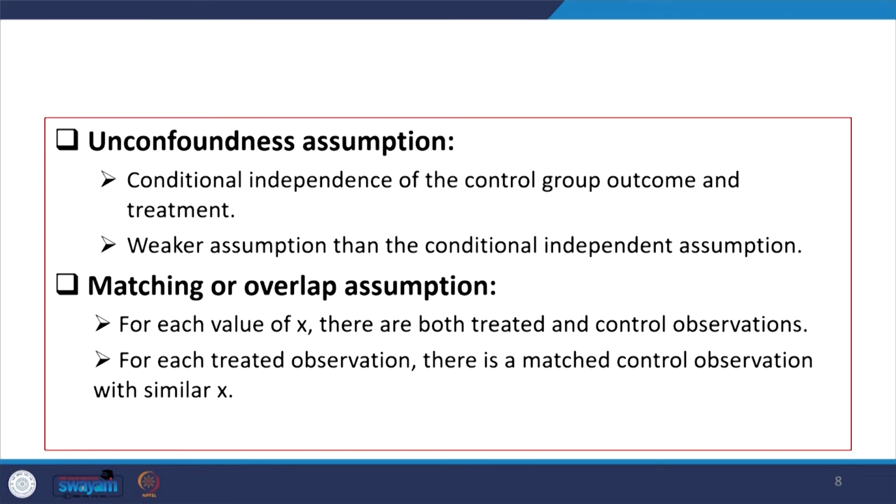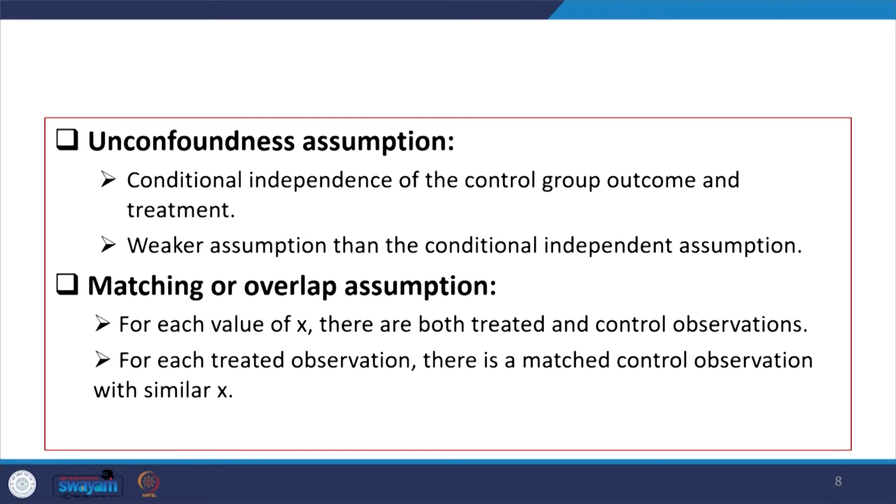Control groups are also sometimes referred to as confounded groups. So, the assumption is that there should be unconfoundedness in the treatment approach. Basically, unconfoundedness is one of the weaker assumptions than the conditional independence assumption.